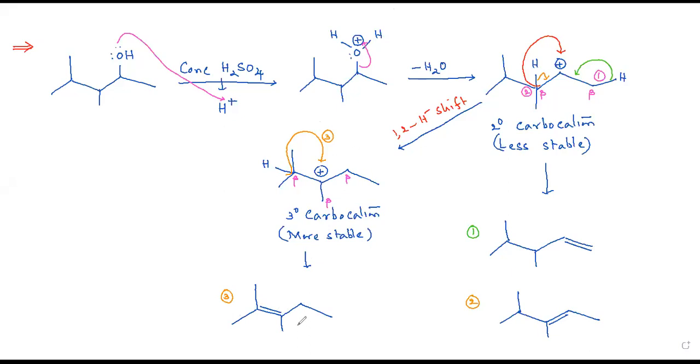I can tell you very clearly that this is going to be the major product. You can check that this particular alkene is a more substituted one. It's of course Saytzeff's product. Point number 1. It has got more number of hyperconjugable hydrogens.